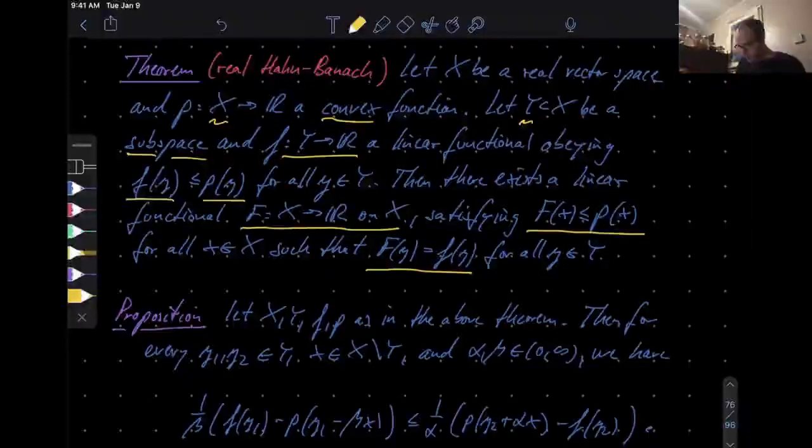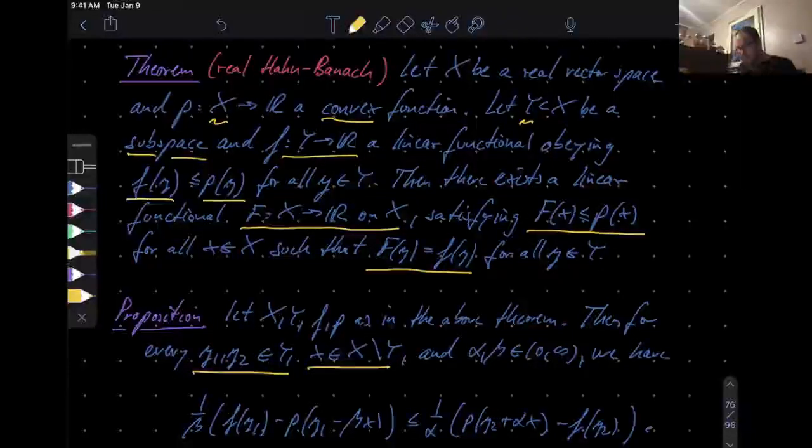For every y1, y2 in Y, and any x which is not in Y, so implicitly writing such a statement means we assume that such an x exists. So I don't want to deal with the situation that Y is equal to X, right? So Y is a proper subspace, in other words.